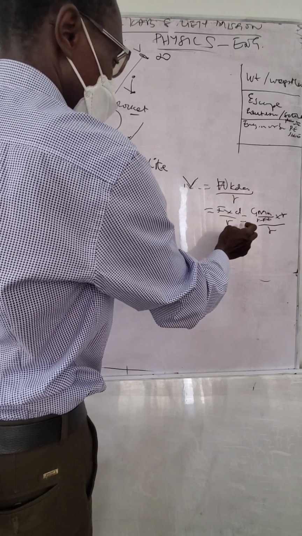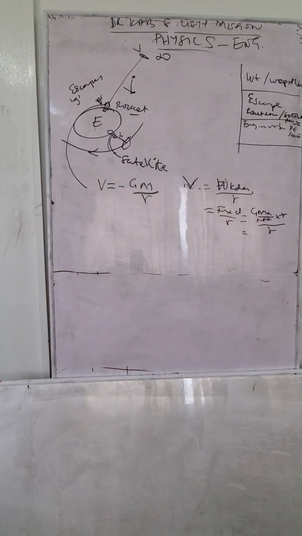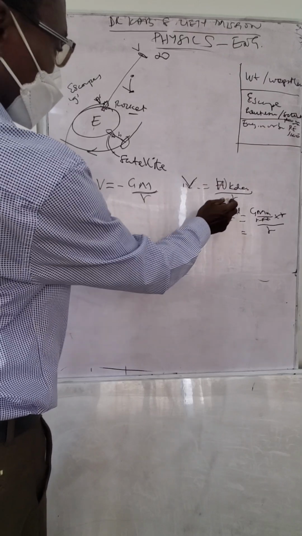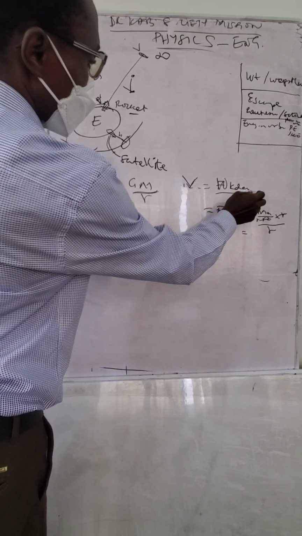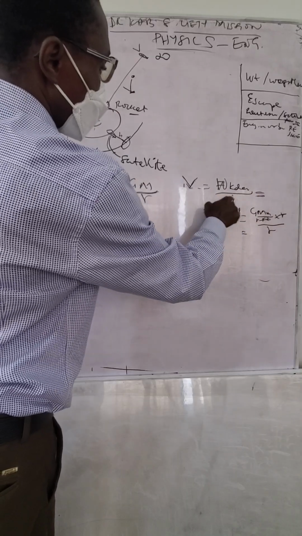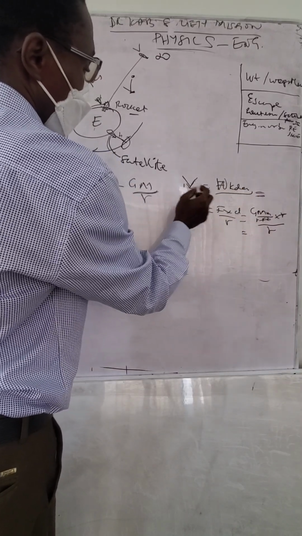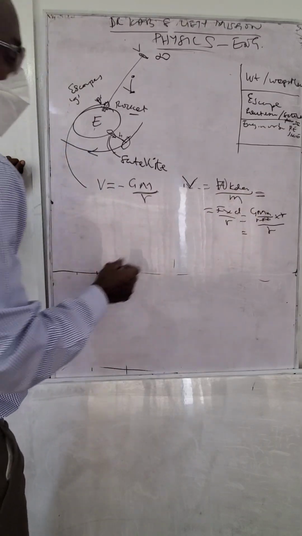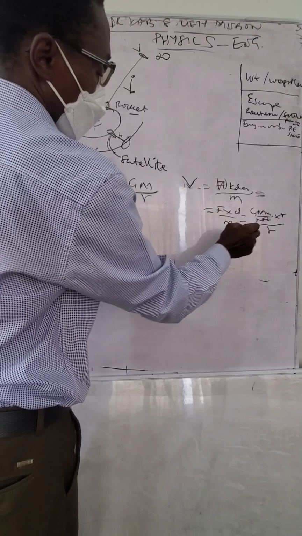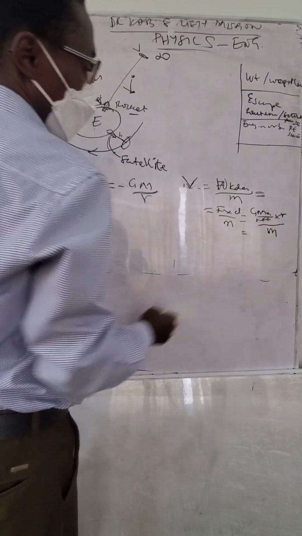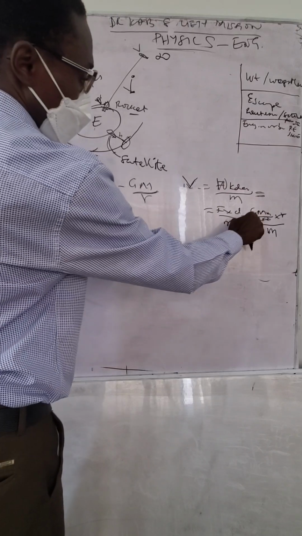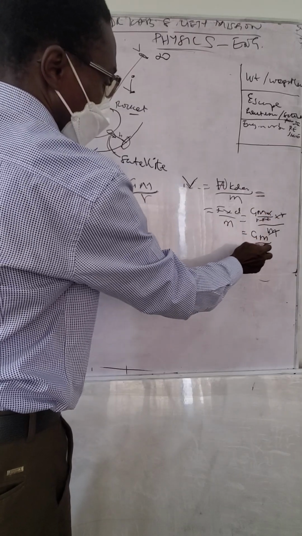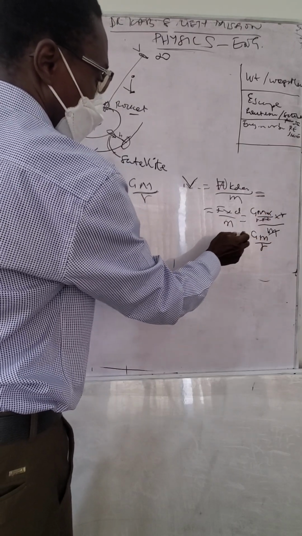Sorry, I think this is where we made the mistake. The potential is work done per mass. So we have our m here, and this m is going to cancel, giving GM over R as your potential.